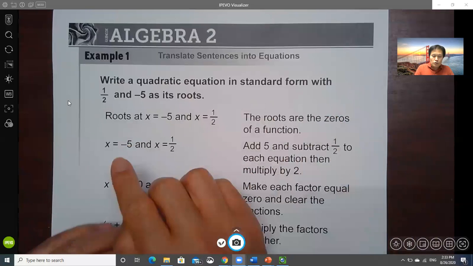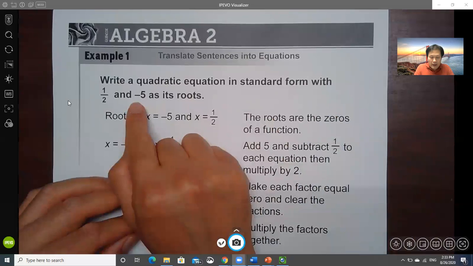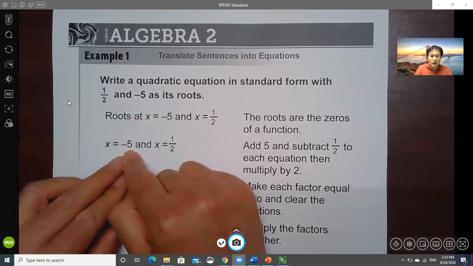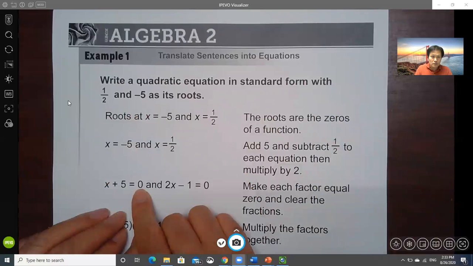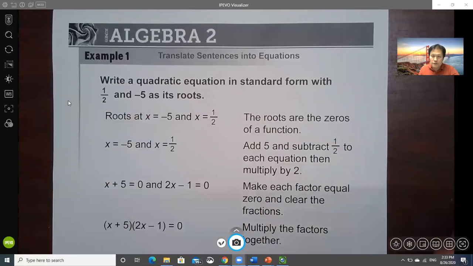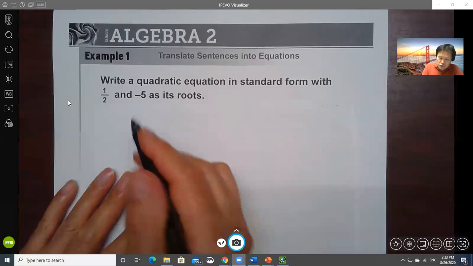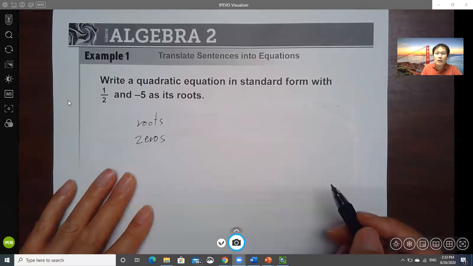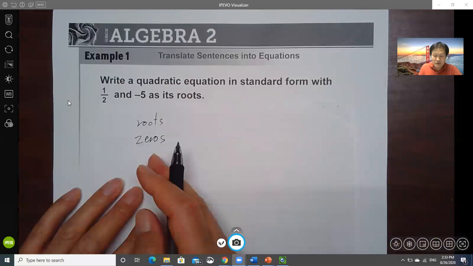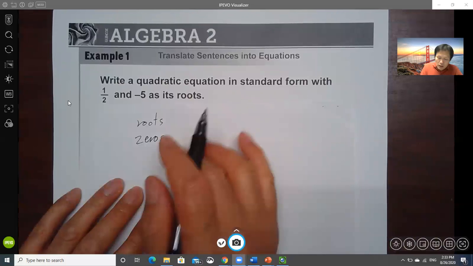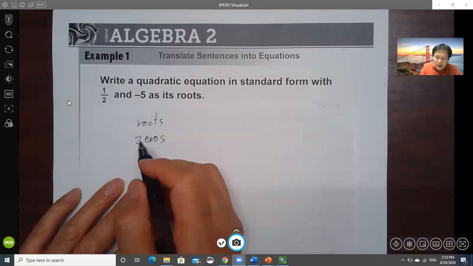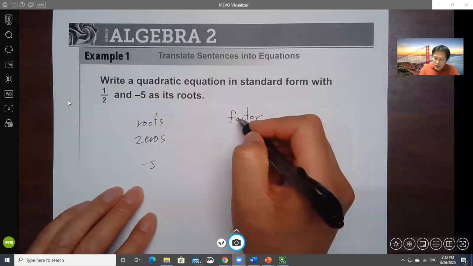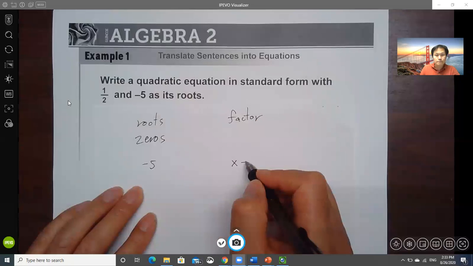So to have x equal to minus 5, you need to have x plus 5 equal to 0 as a factor. So I don't know how many of you caught that. Roots are exactly the same word as zeros, solutions, x-intercepts, all the same word. So a root of minus 5 means you should have a corresponding factor x plus 5.